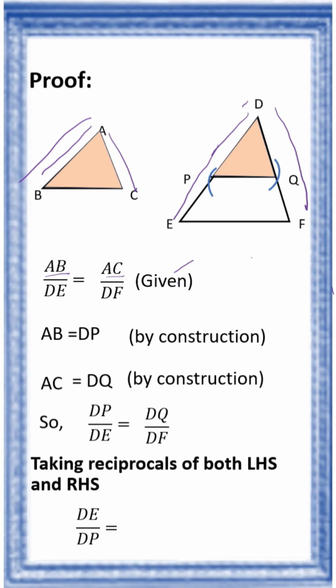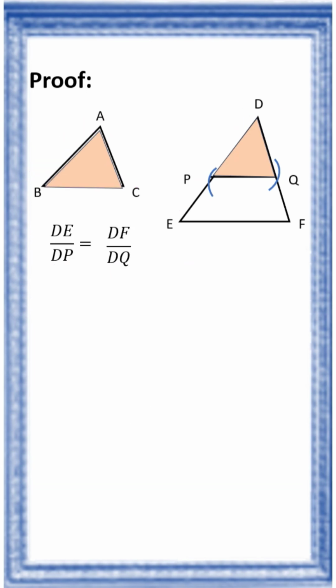So DE by DP is equal to DF by DQ. Now we have taken the reciprocal. We have DE by DP is equal to DF by DQ. Actually we want DP by PE, DQ by QF.